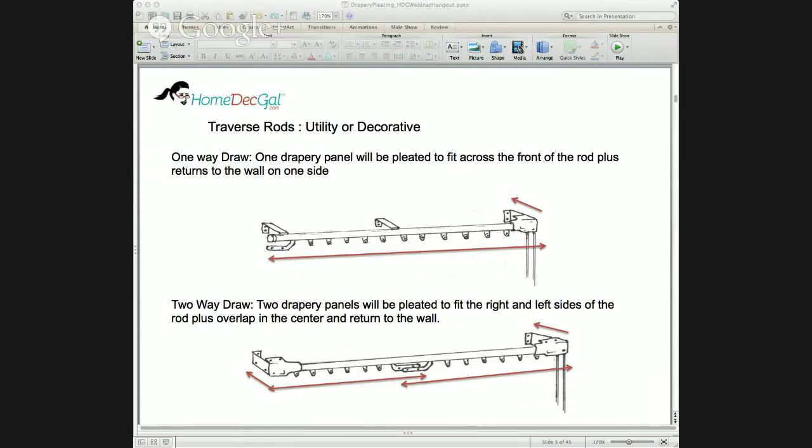They overlap in the middle on the master carriers, and they return to the wall on both sides. So you have to allow for the overlap and the return. On a one-way draw, you only have to allow for one return. Okay, got it? So what we're going to do in this class is figure pleats and spaces for a two-way traverse draw, and that's the most popular of all.